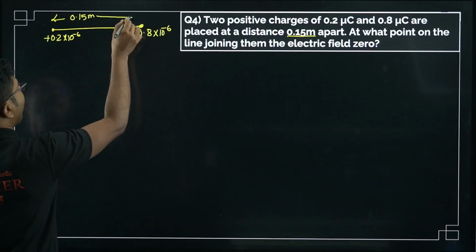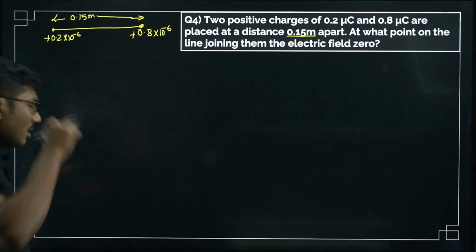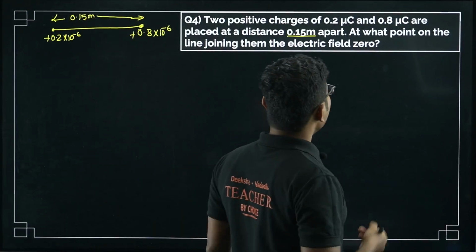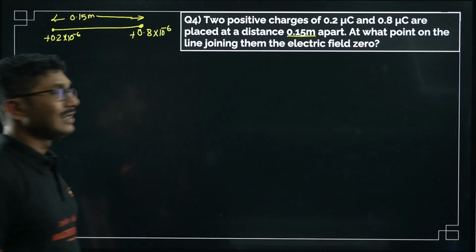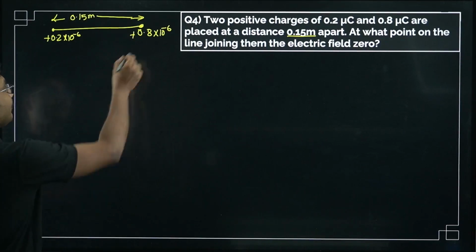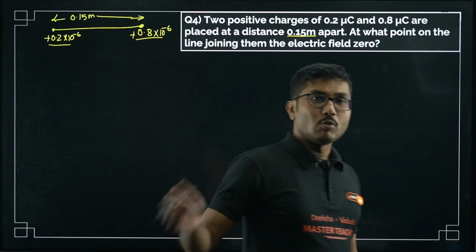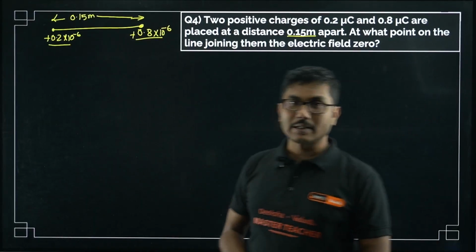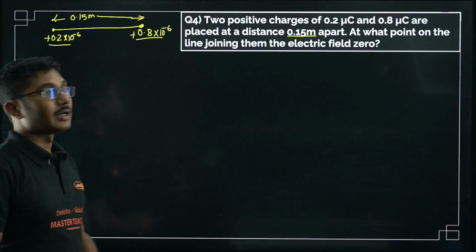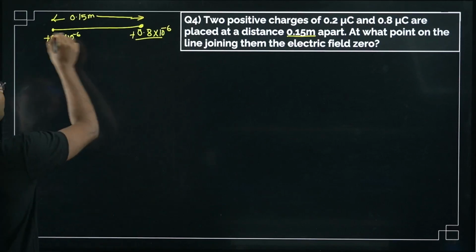Now at what point on the line joining them is the electric field 0? How can we calculate that? This charge is bigger, this charge is smaller, and both charges are positive. If both charges are positive, the null point or the zero point is located between the charges.